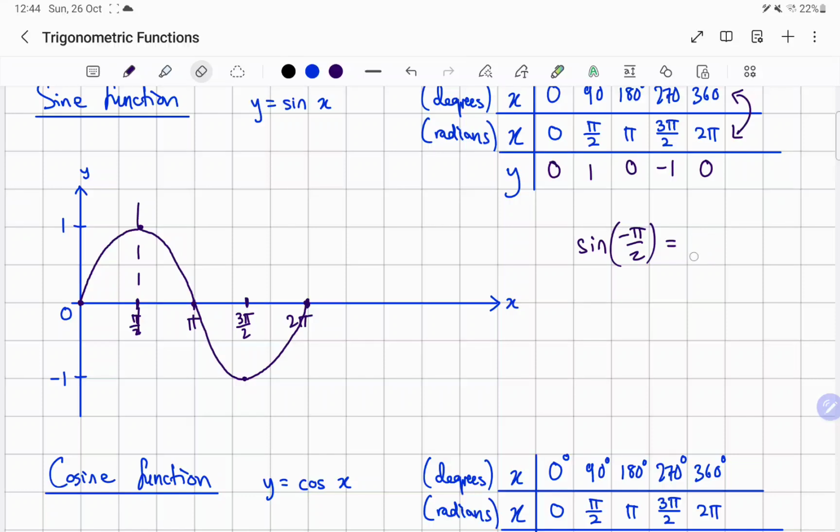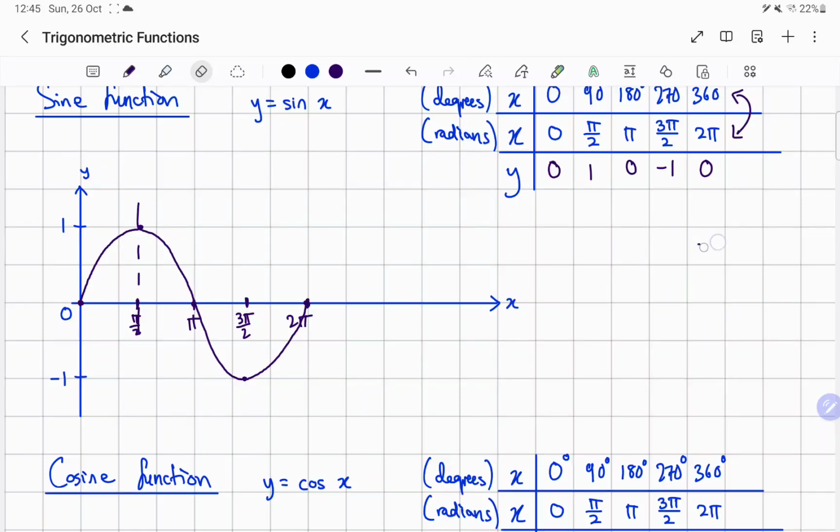But okay, sine of negative pi over 2 is -1. You remember that sine of negative x is negative sine x. We did show this before. So sine pi over 2 is 1, and sine of negative pi over 2 is -1.